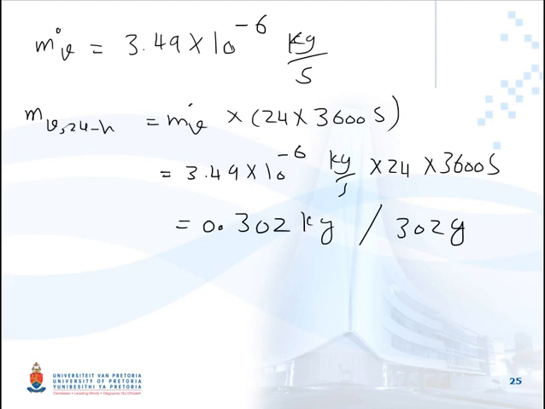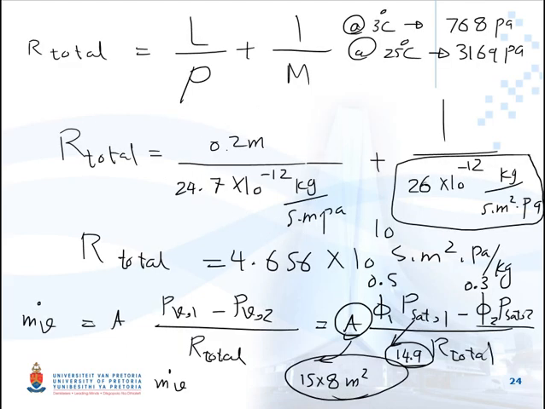Okay, did you see? It was very easy to find, but the only thing you need to do is to go and see how we find the permanence in the table. There is a table in your textbook that we read it from. The rest was very easy. We followed the same concept as heat transfer.